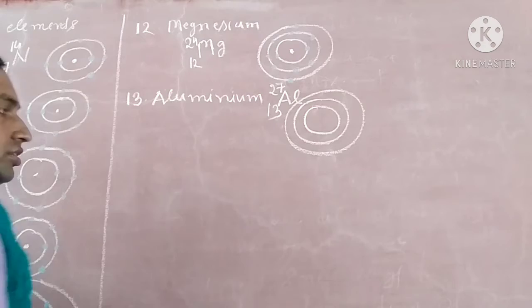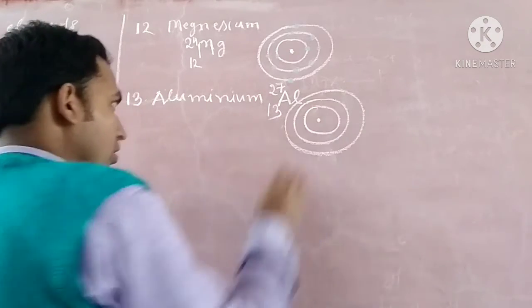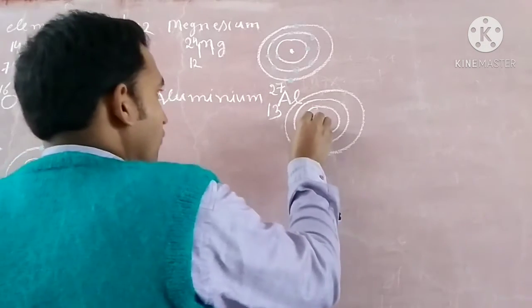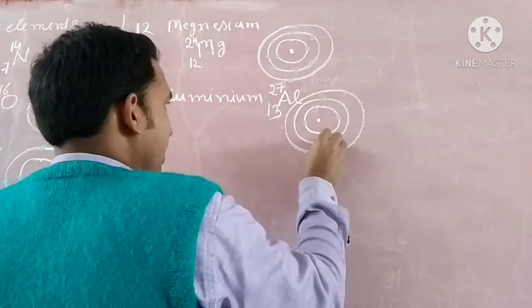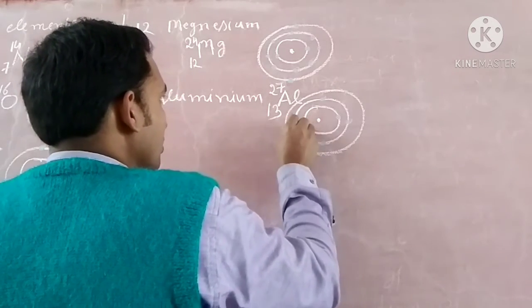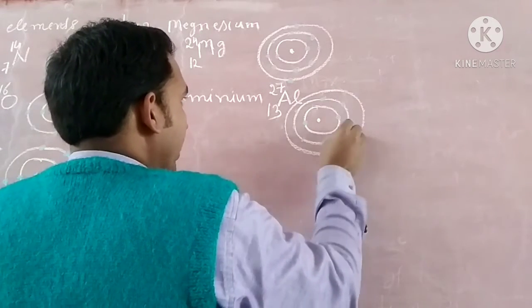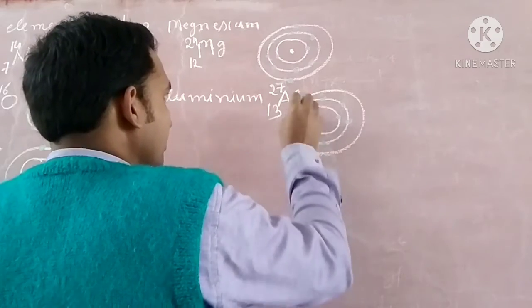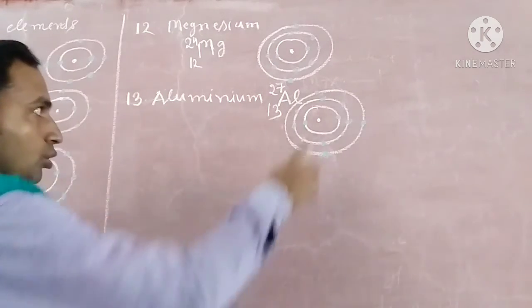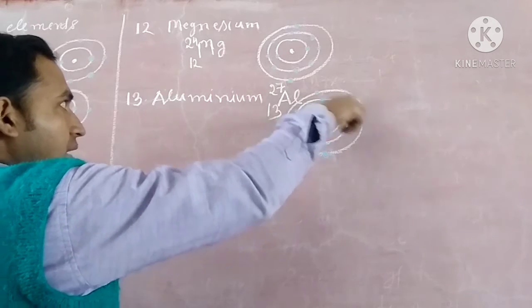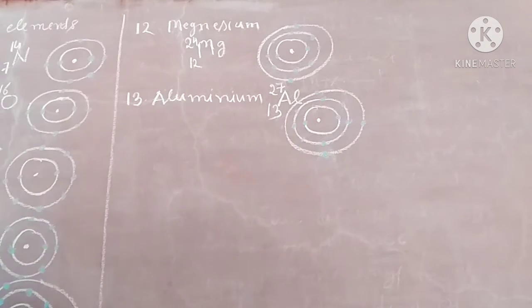How many electrons? First cell 2 electrons, second cell 8 electrons, and third cell 1, 2, 3 electrons. 2 plus 8, 10, plus 3, 13.